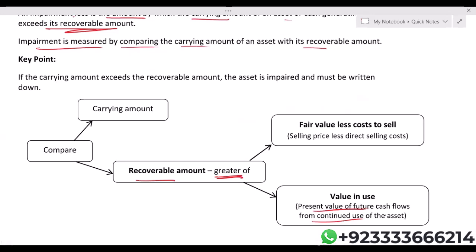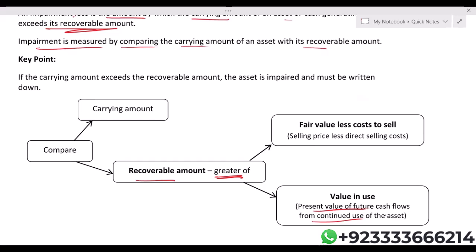If their carrying amount exceeds the recoverable amount, the difference is an impairment loss.